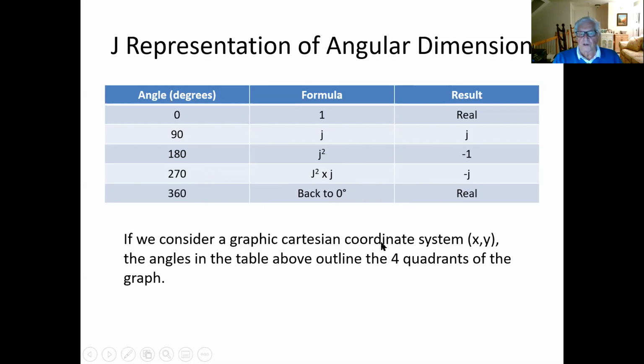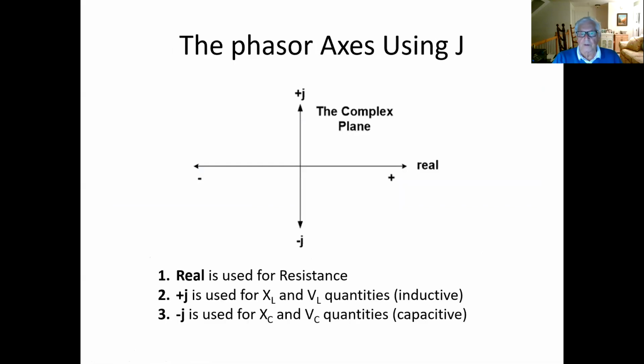So we can use the Cartesian coordinate system in x and y, but we call them the real axis and the complex axis, or plus j and minus j. Real is a resistance, plus j can be either XL or VL, inductive quantities.